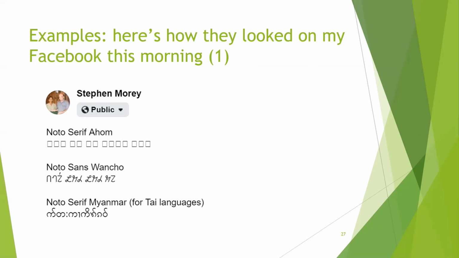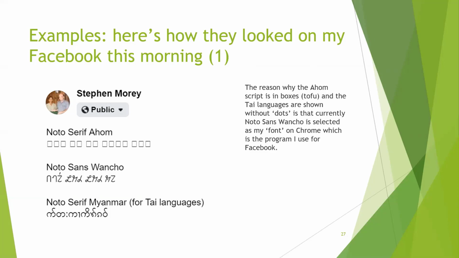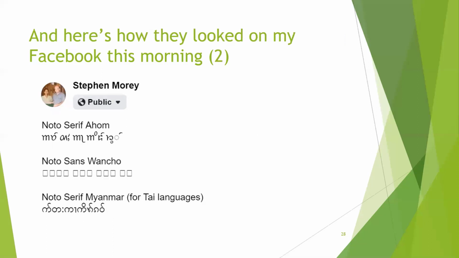The Noto Sans Wancho comes perfectly. The Myanmar one doesn't implement the dots, and that's because I had selected Noto Sans Wancho as the default font on Chrome. As soon as I shift that default font to Noto Serif Ahom, I get this.